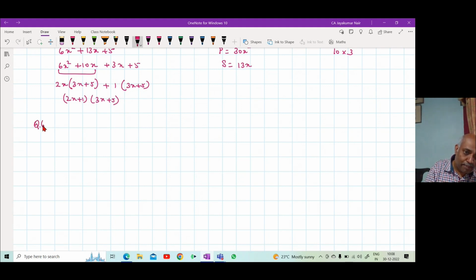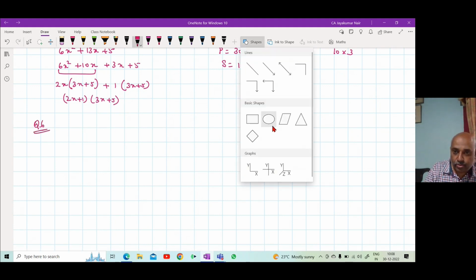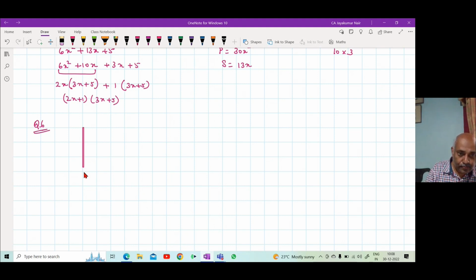This is question number 6. So it's a rough diagram. ABCD is a square. I'll name this as A, this as B, this as C, and this is D. So A, we don't know the coordinates.